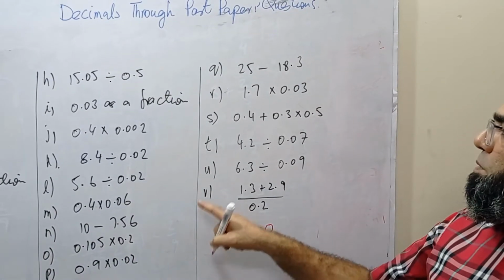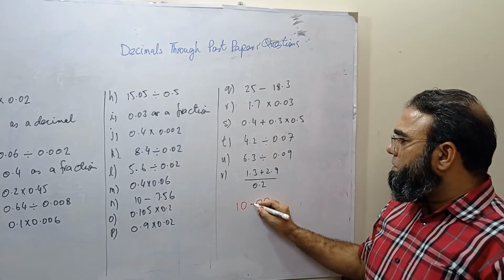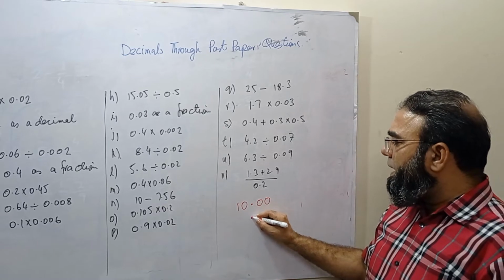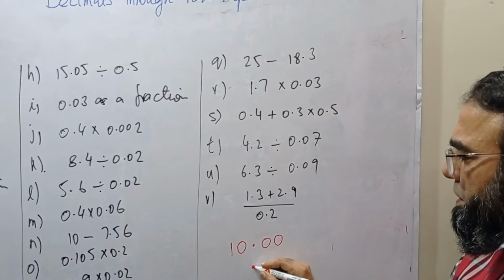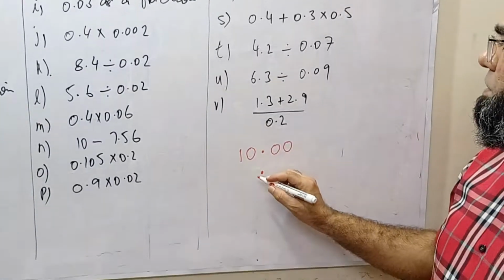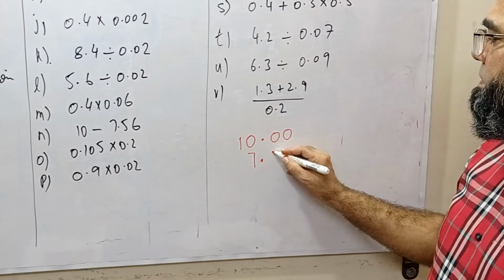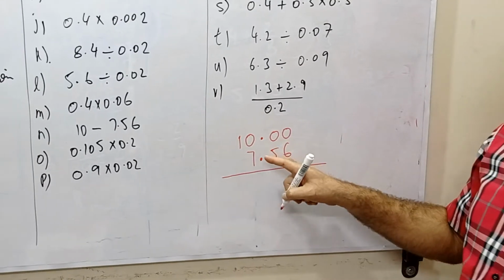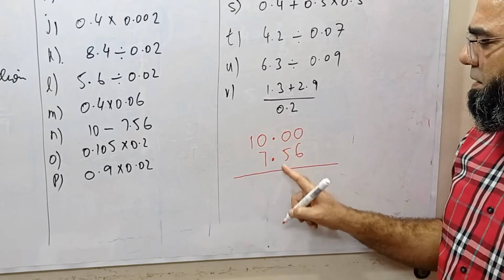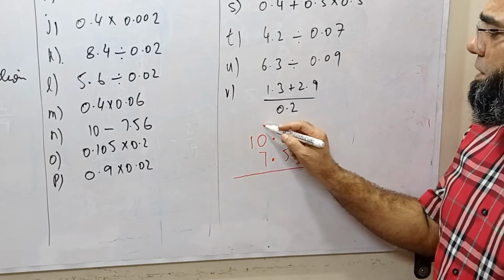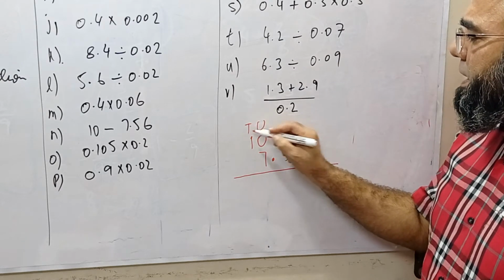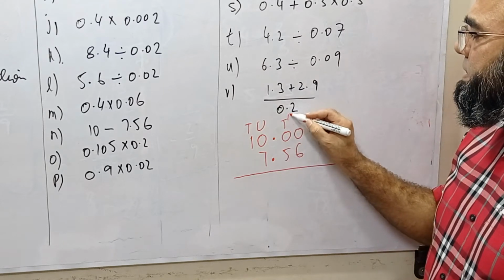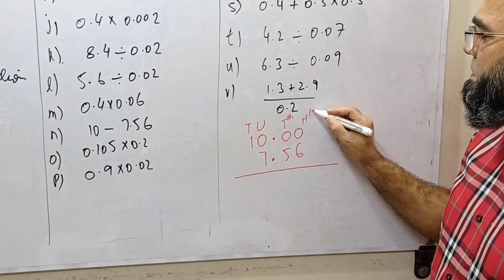Whenever you have to add or subtract decimals, these decimals have to be aligned. The decimal has to be under the decimal, okay? Now this is going to be 7.56. Why do we have this condition that the decimal should be under the decimal? That is because these are the units, these are the tens, these are the tenths, these are the hundredths, okay?